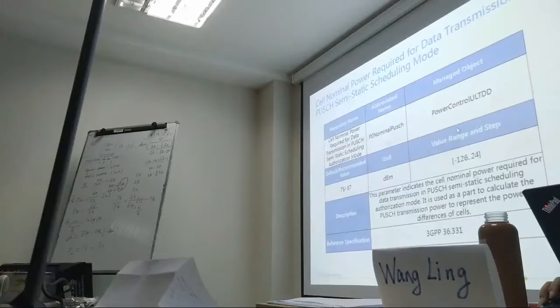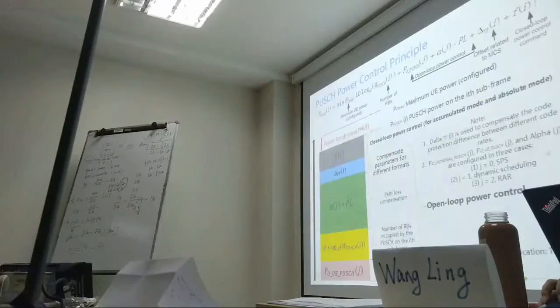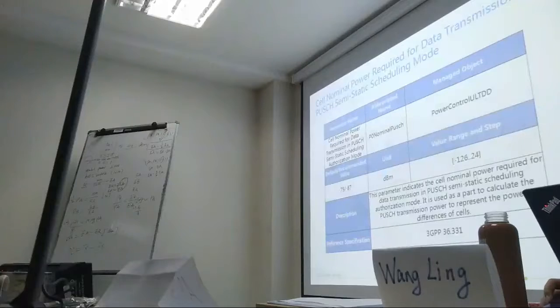Actually we have two different ones: SPS and dynamic scheduling. This parameter will decide how much the UE will transmit at the first time.